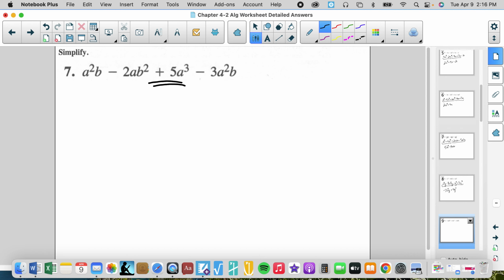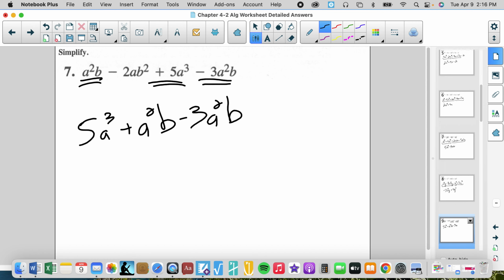We've got 5a cubed. Then we have a squared b, and we have negative 3a squared b. And then we have negative 2ab squared. A to the third, a to the second, a. Notice I never talked about the b's because we're always going to do the first variable, and that's going to be my determinant.